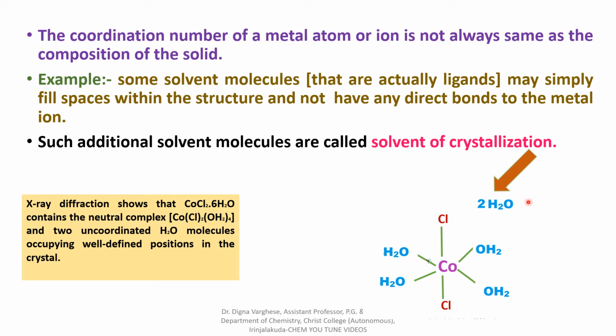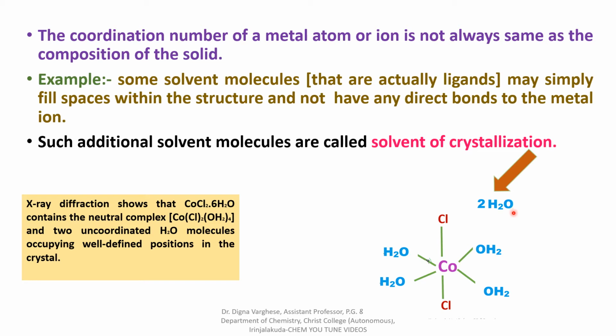The coordination number of a metal atom or ion is not always the same as the composition of the solid. Here the composition of the solid or complex is CoCl2·6H2O, that is its actual composition. But the coordination number is 6, and these 2 water molecules act as solvent molecules.